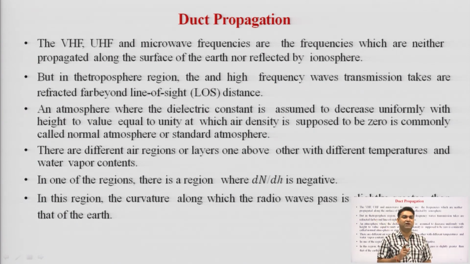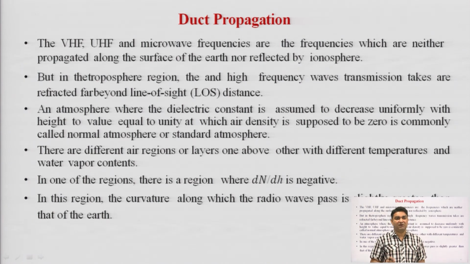In one of the regions, there is a region where dN by dH is negative, as I have already told about the refractive index concept in the tropospheric region. Obviously, when we go in the upward direction in the atmosphere, the refractive index is continuously decreasing, and when dN by dH is negative, it means the refractive index is decreasing.